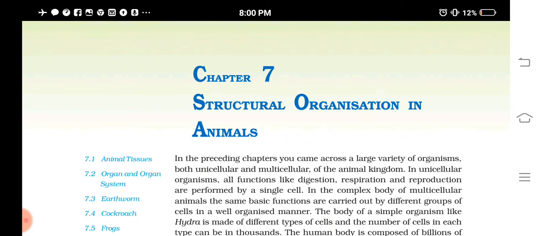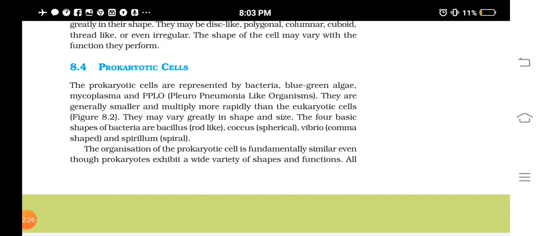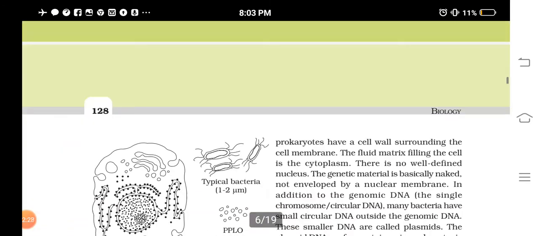And from unit 3, cell structure and functions, chapter 8, cell the unit of life, you have to study till the structure of prokaryotic cell, that is 8.4, prokaryotic cell.